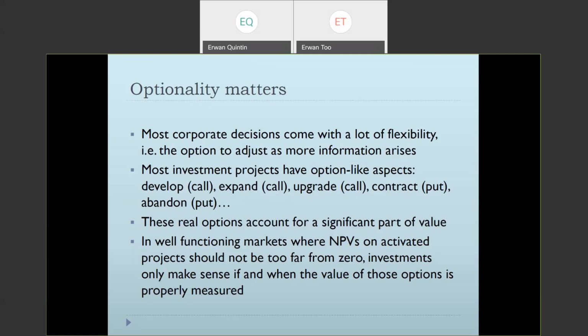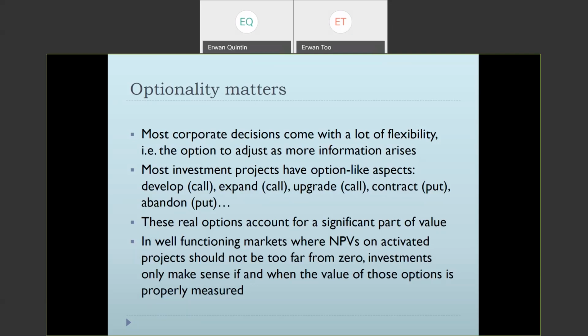Maybe the apartment building that I designed for a certain market category, it turns out that if I had gone luxury, it would work much better. So I may choose to upgrade my investment. On the other hand, I may choose to contract the size of my investment, if not shut it down entirely.